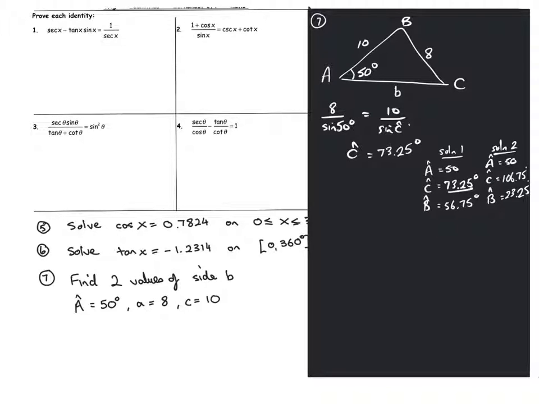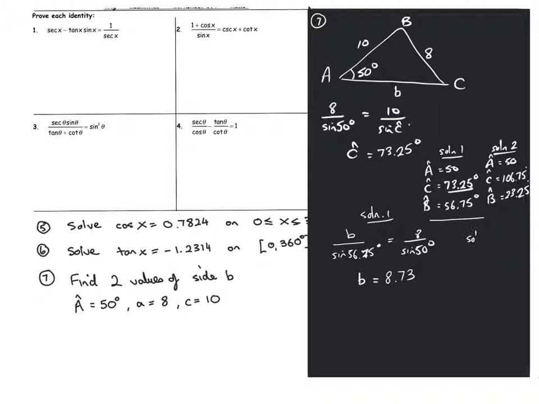So we've got two triangles, and we know that for this triangle here, B over sine 56.75 degrees will equal 8 over sine 50, and B therefore will equal 8.73. And that is solution 1.